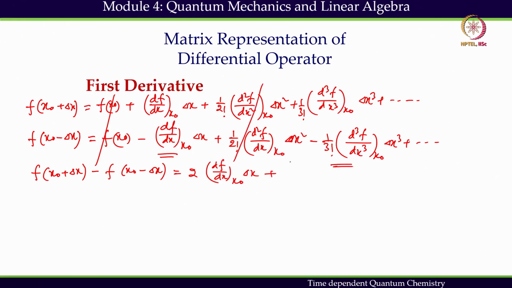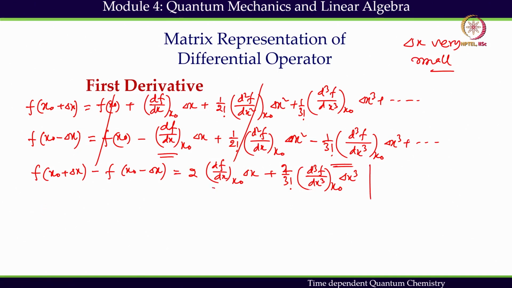So the remaining part is this third term, 2 divided by 3 factorial, the third derivative at x naught times delta x cube, plus so on. And because delta x is assumed to be very small, I can neglect the other terms because they are too small. I neglect the other terms here and truncate it here.